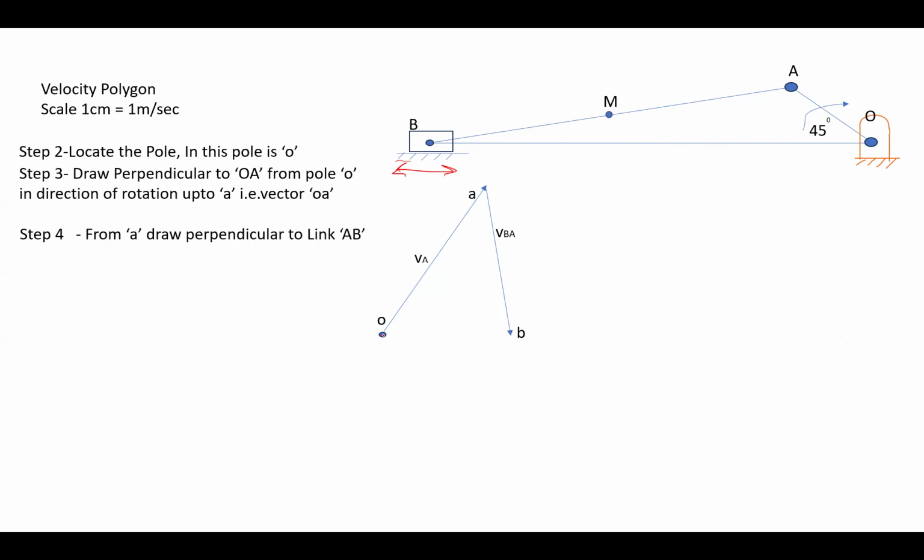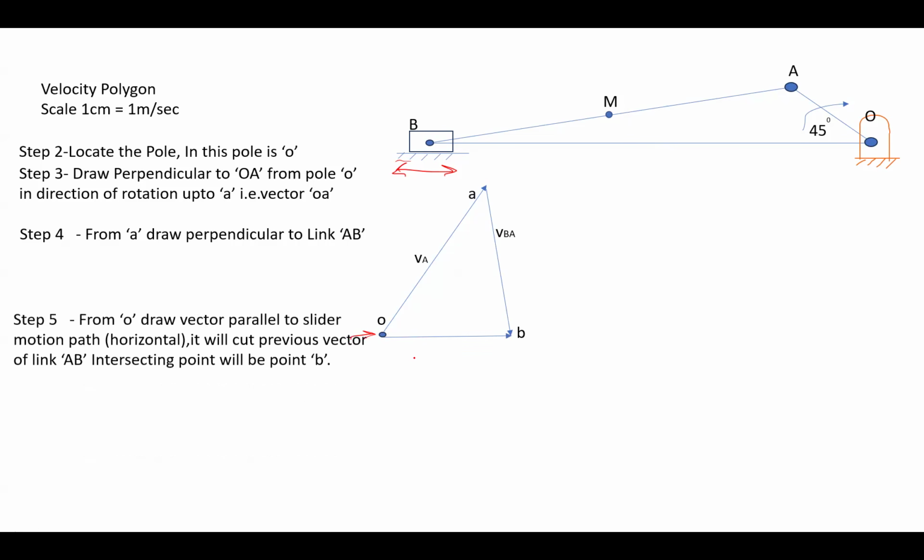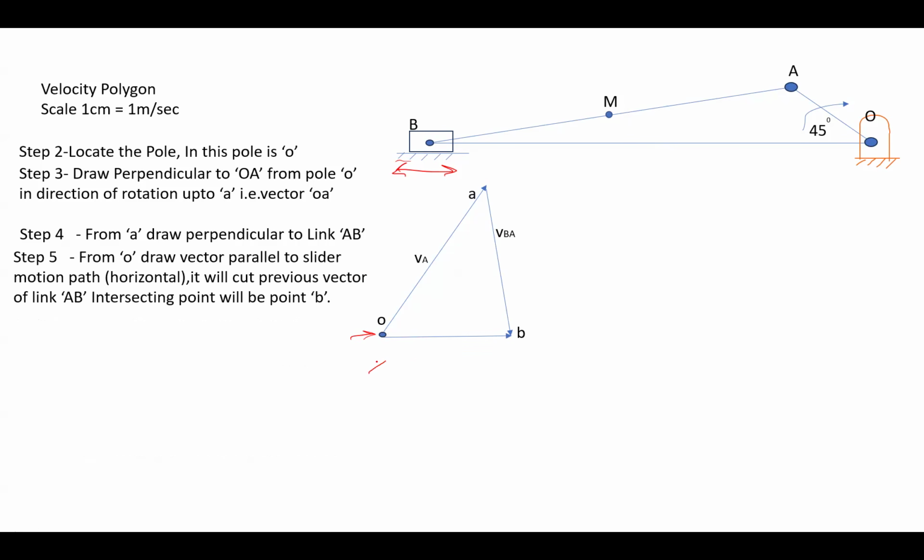Always it comes from the pole. So O is the pole. Draw a horizontal line to show the velocity vector of slider B. So here it comes. This is the velocity of the slider B. Now this horizontal line cuts the previous velocity vector of BA at a point B.